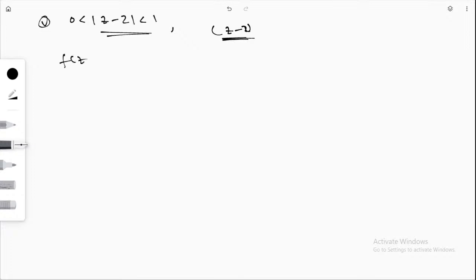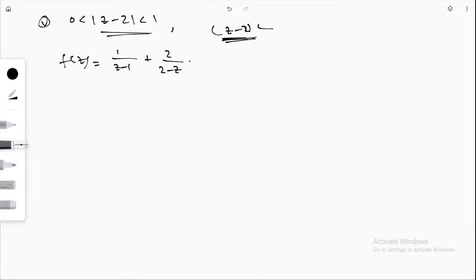So what is my problem? My given problem is 1 divided by 1 minus z, 1 divided by z minus 1 plus 2 divided by 2 minus z. So I want to get this thing, z minus 2.